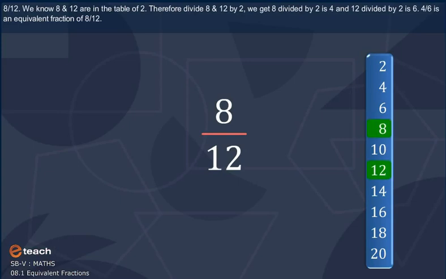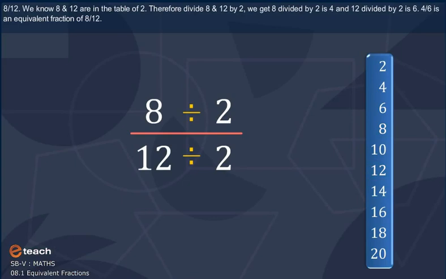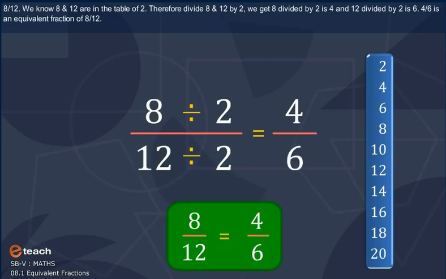We know 8 and 12 are in the table of 2. Therefore, divide 8 and 12 by 2. We get 8 divided by 2 is 4 and 12 divided by 2 is 6. So 4/6 is an equivalent fraction of 8/12.